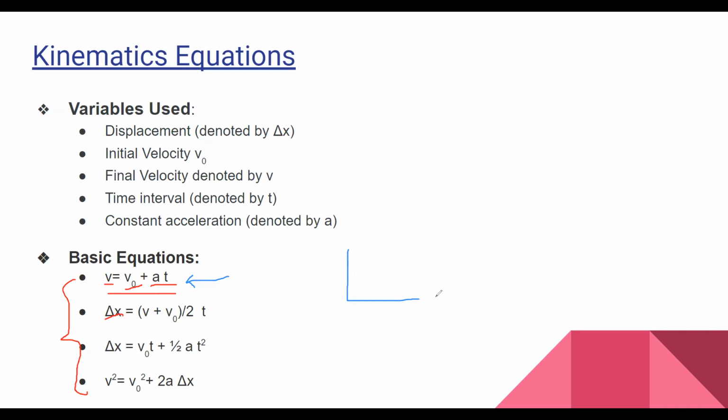Imagine we are plotting t here, and let's say v0 is 0. So we will plot v here. Since the acceleration is constant, the rate at which v increases with respect to t should be constant, so there should be a line. To get a point, you take your rate of change times t.